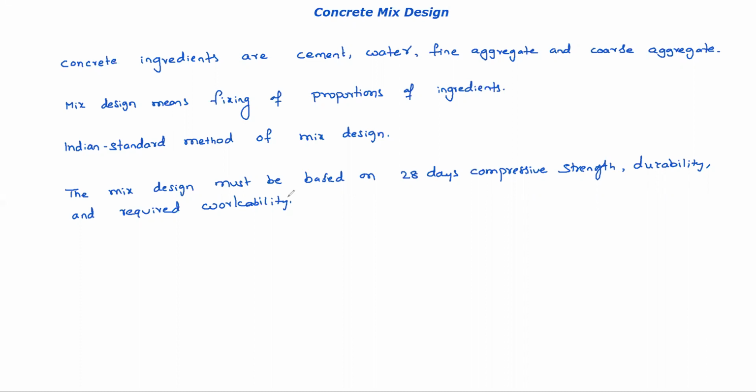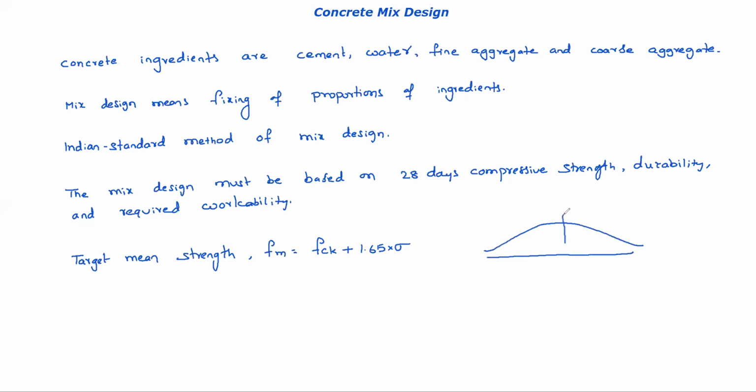First, we should understand what is target mean strength. Already you know that target mean strength, right? Target mean strength is characteristic compressive strength plus 1.65 times the standard deviation, right? You know why it is? Suppose the mean strength is this one.